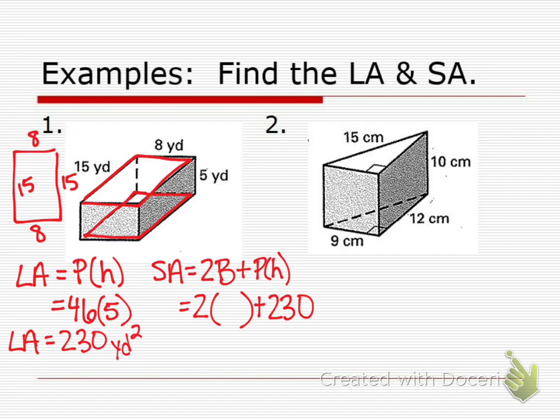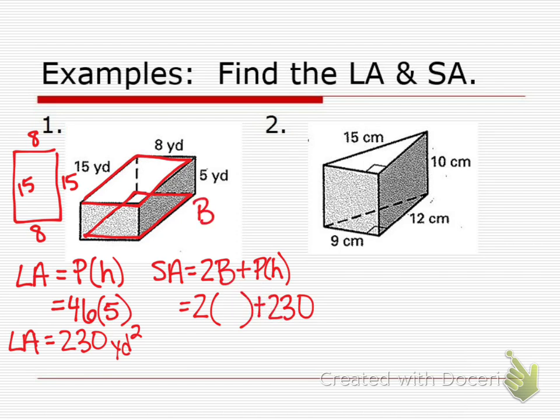But then instead of putting the P times H, I can go ahead and write 230. We already calculated it. It's not changing. So the only thing that I really need to find still is capital B.